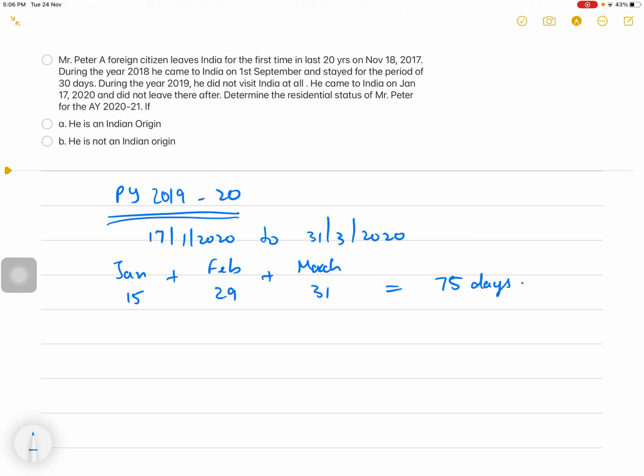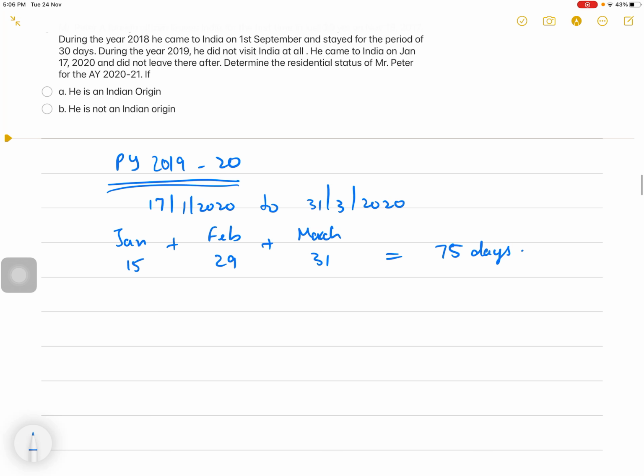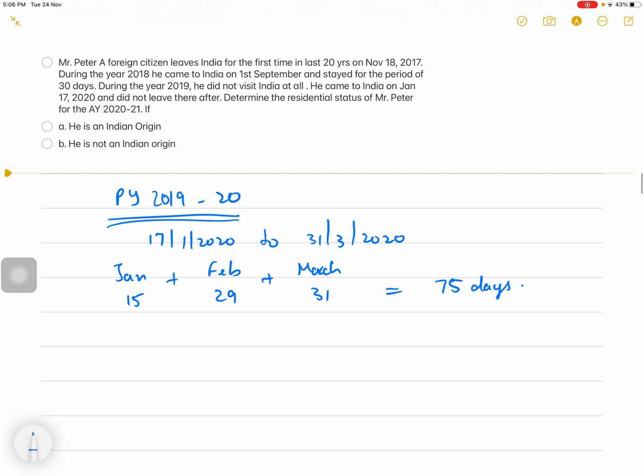So the preceding previous years are 2018-19. So during 2018-19, Mr. Peter left India for the first time on November 18, 2017.